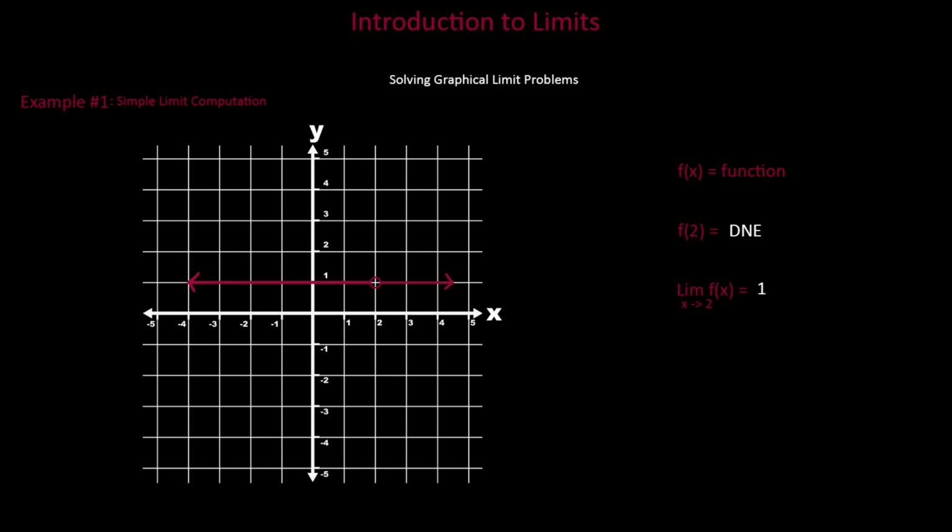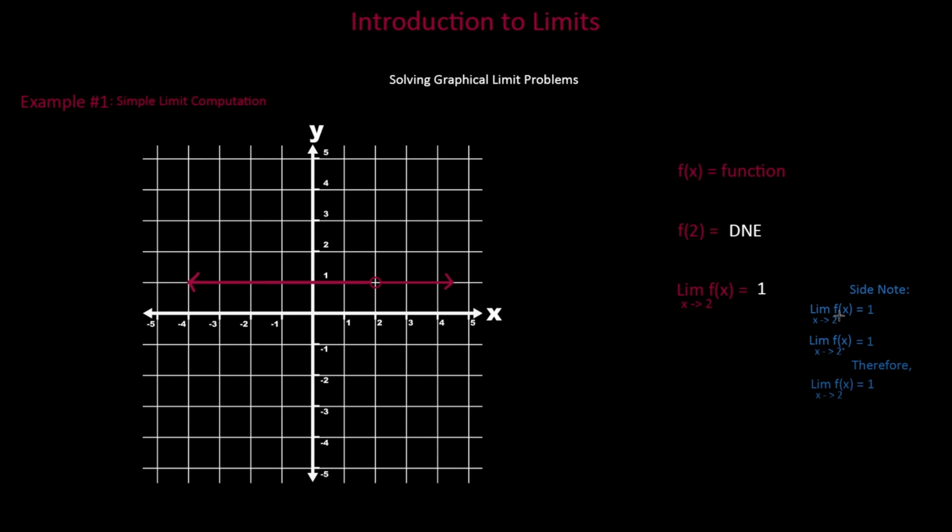As a side note, rather than checking f of 1.99 and f of 2.01, we can notate this more correctly as follows. The limit of f of x as x approaches 2 from the left is 1, and the limit of f of x as x approaches 2 from the right is 1, therefore the overall limit must be 1.